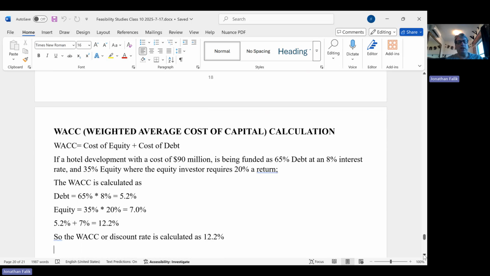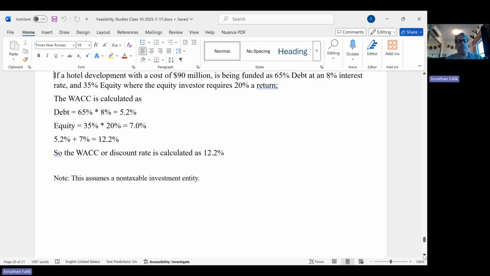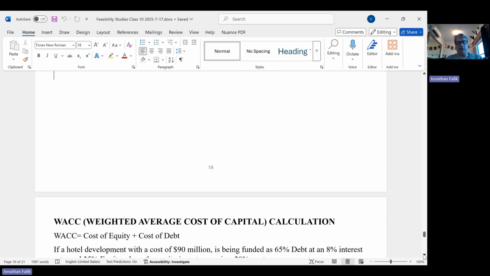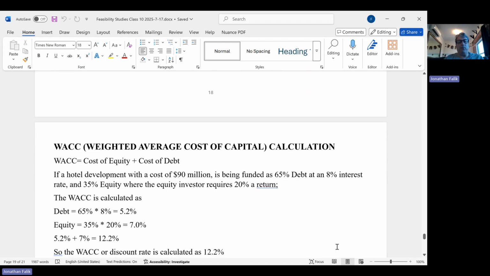So let's see how this calculation works. Weighted average cost of capital. We said on the previous page, it's the cost of equity plus the cost of debt. So here in this example, if the hotel development is $90 million, 65% of which is debt at an 8% interest rate, and 35% is equity, and the equity investor says, I need to make a 20% return on my money.